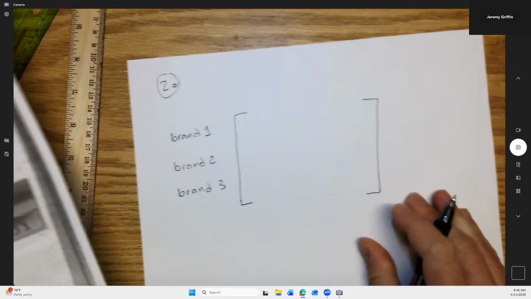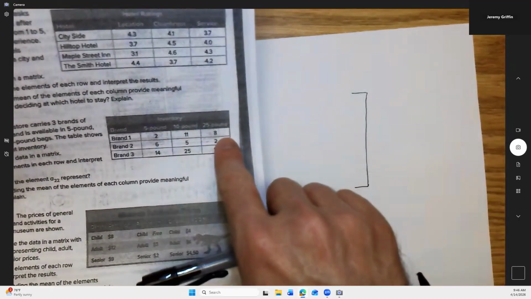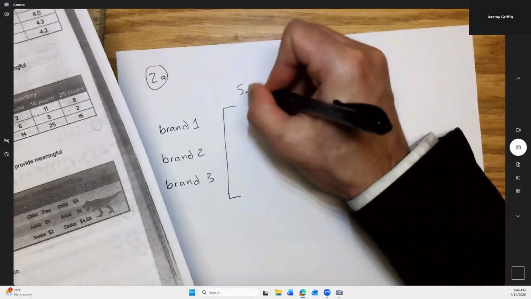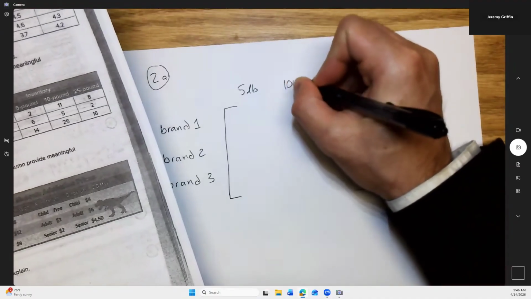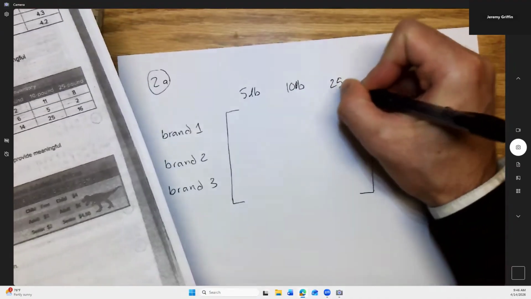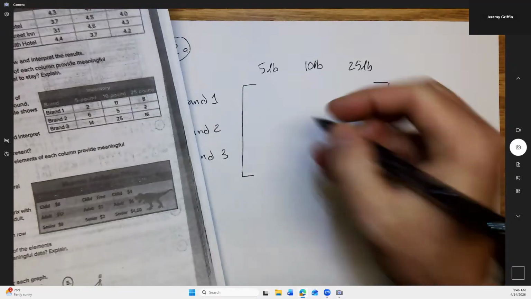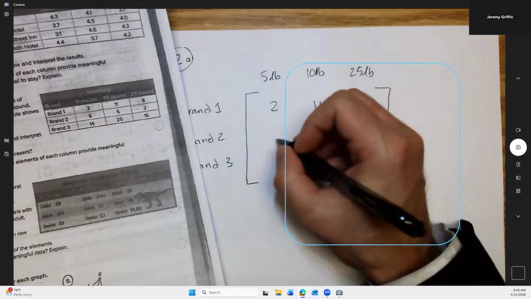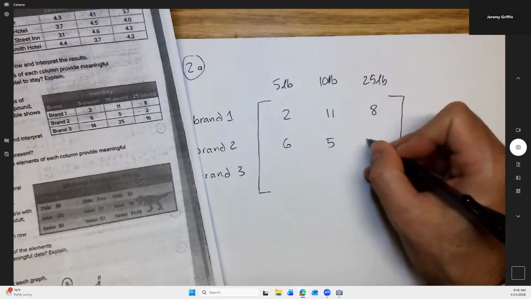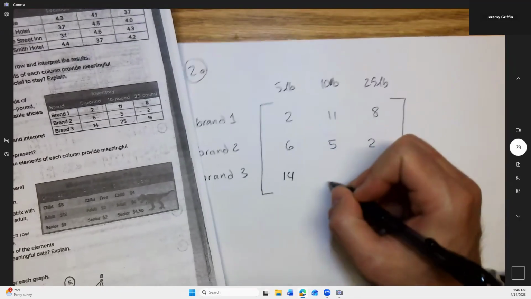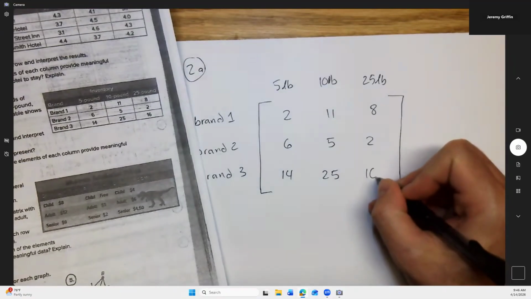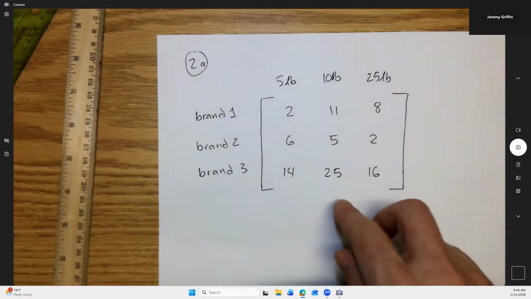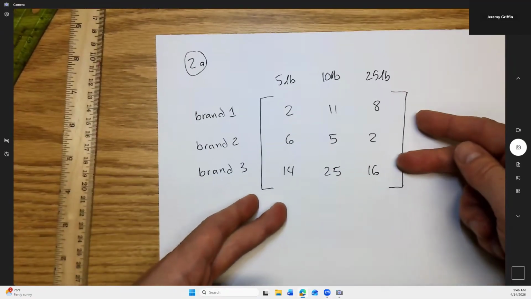Those are the rows. And then the columns tell you the size of the bags: 5-pound, 10-pound, and 25-pound bags. So it's going to go 2, 11, 8, 6, 5, 2, 14, 25, 16. And those are those 9 numbers that you guys just wrote in the brackets.